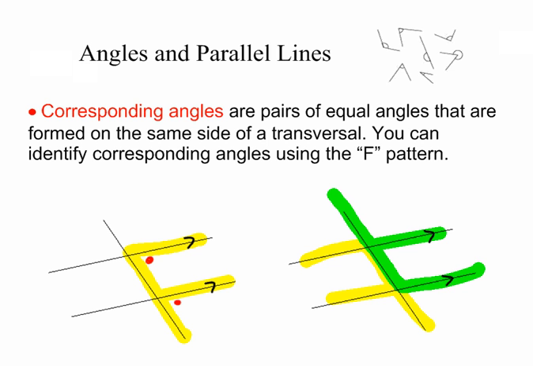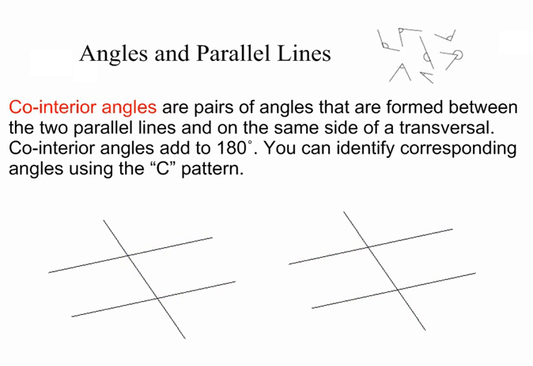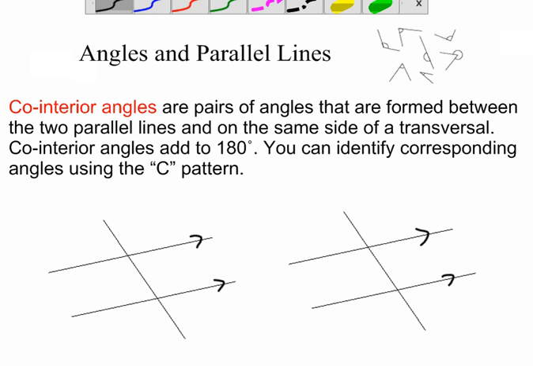And then the last type of angle that is formed when a transversal cuts through parallel lines is called co-interior angles. Now this one is the C pattern, and it's slightly different because these angles are not going to be equal to one another. They're going to add up to 180, just like supplementary angles do.